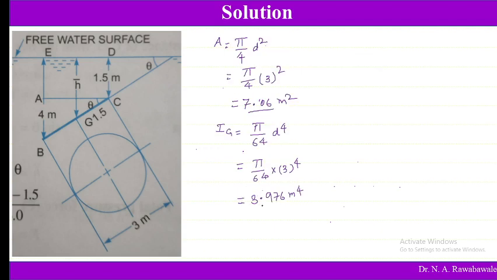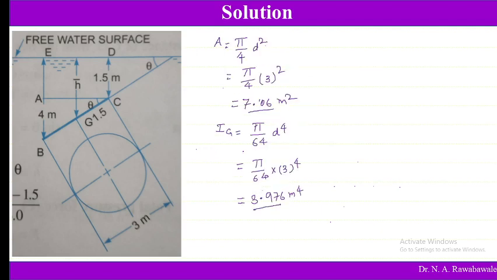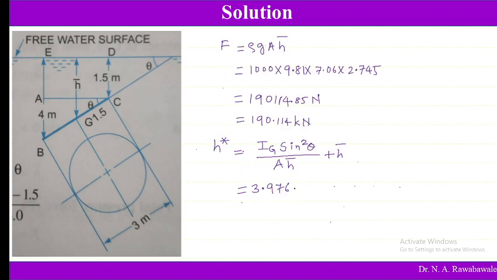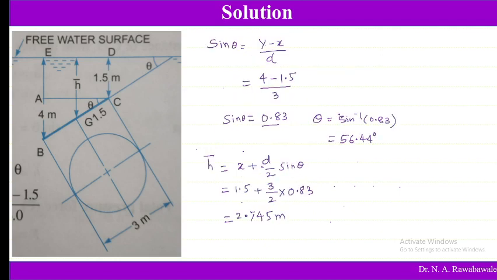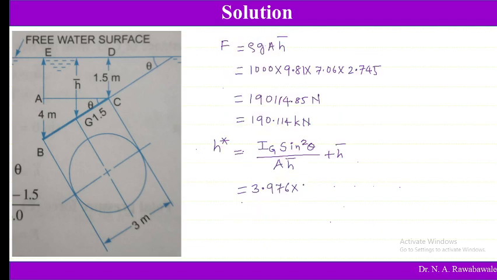Ig is equal to 3.976, which we have calculated here, into sin square theta, the sin theta value is 0.83, 0.83 square, divided by A h bar.